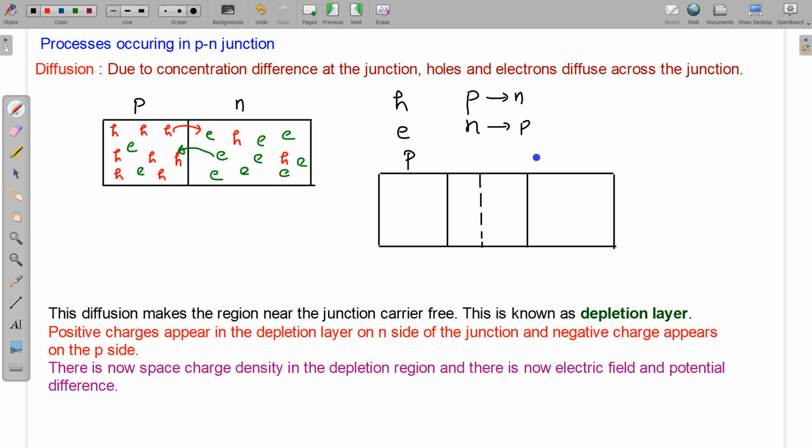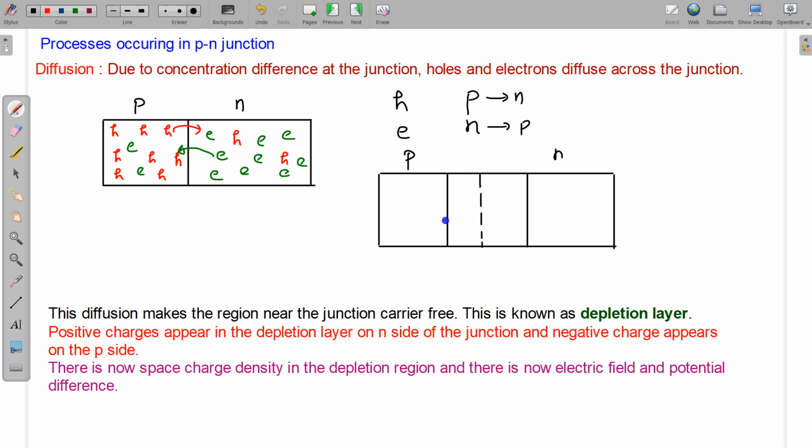Obviously this is the p side and this is the n side. Across this junction electrons moved from n to p, and as electrons moved from n to p, they recombine with the holes and the electron hole pair is destroyed. This hole which was near the junction on the p side moves to the n side and recombines with the electron, and in that way the electron hole pair is destroyed.